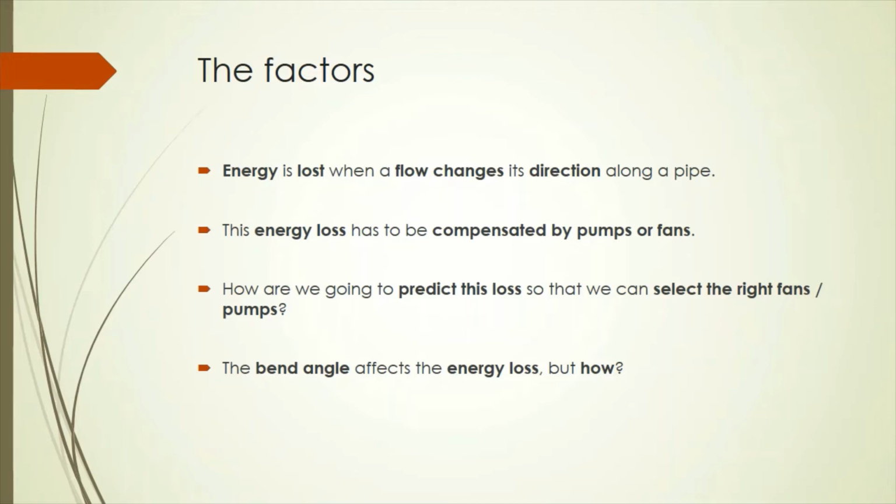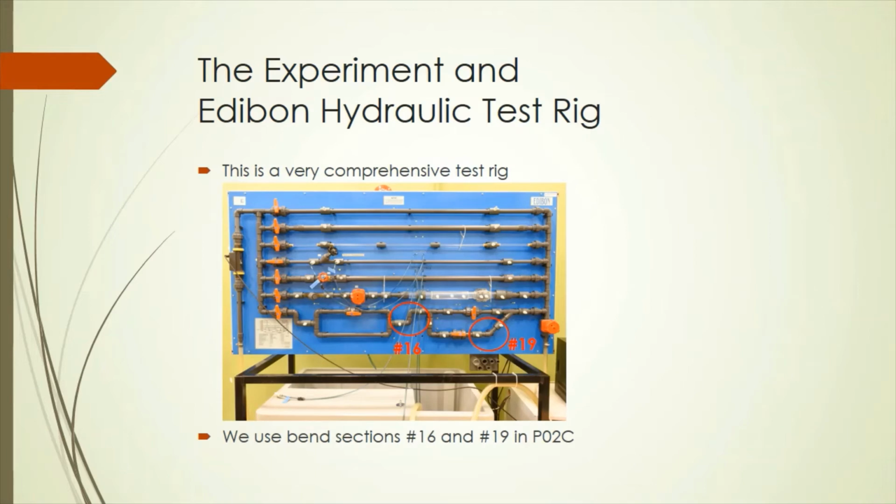Now, the question is, how are we going to predict this loss so that we can select the right fans and pumps, and also how the bend angle affects the energy loss. This is the major aim of this experiment. In this experiment again, we are using this hydraulic test rig on the screen, and we are using two bends here.